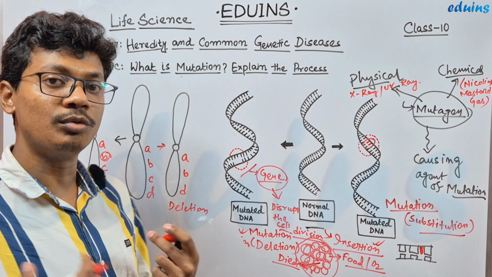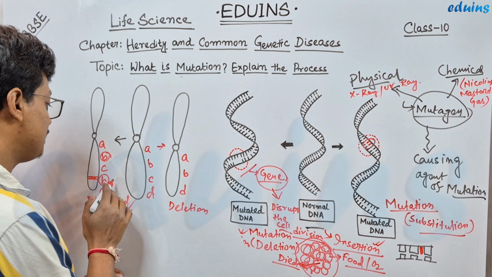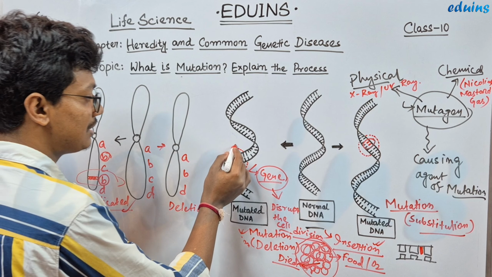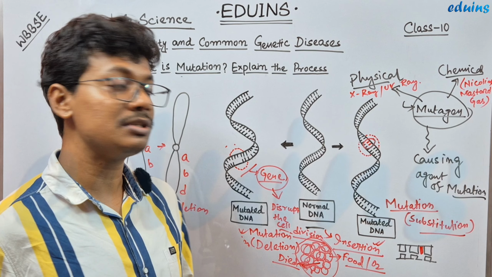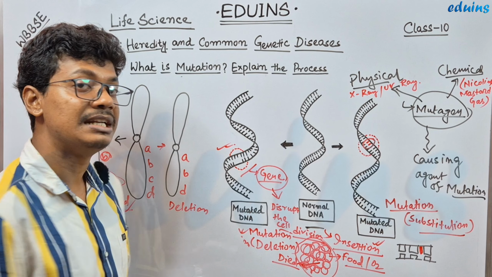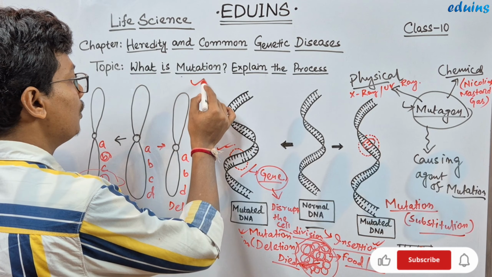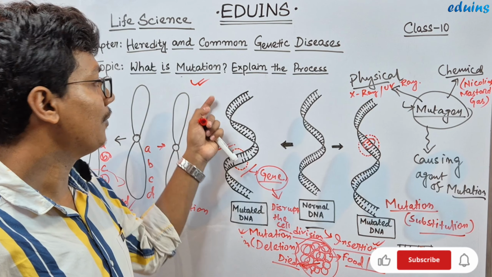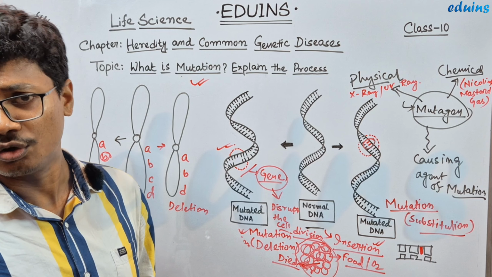These types of chromosomal mutation also occur, but of course this is due to changes in the DNA sequence. Chromosomal mutation is also responsible for changes in the DNA sequence or the gene sequence. So mutation is the change of genetic material inside the DNA or the chromosome.